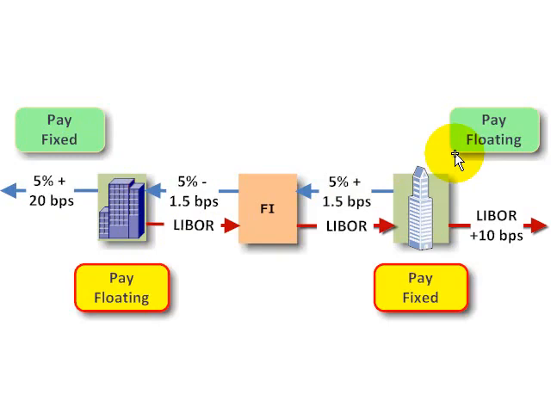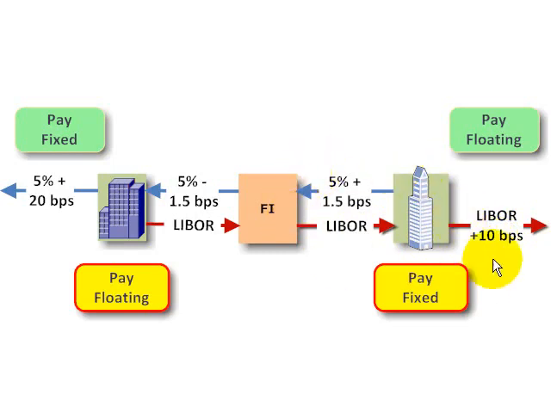Company B is just in the inverse situation. Before the swap, they had this loan tied to LIBOR. After the swap, notice the LIBOR that's received almost entirely matches the LIBOR loan, just minus the 10 basis points.